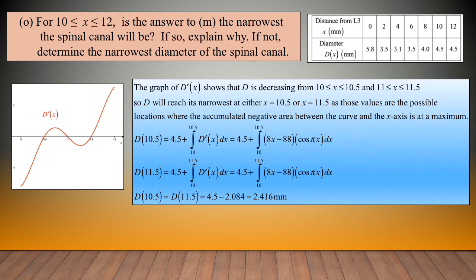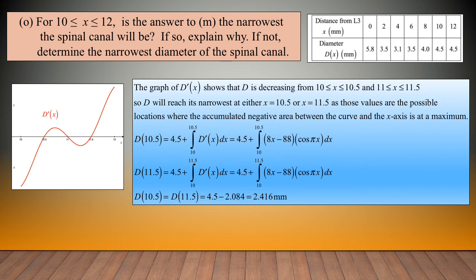So that means that D will reach its narrowest at either x equal to 10.5 or x equal to 11.5, as those values are the only possible locations where the accumulated negative area between the curve and the x-axis is at a maximum. So we look at D of 10.5, which is 4.5 plus the integral from 10 to 10.5 of D prime of x dx.